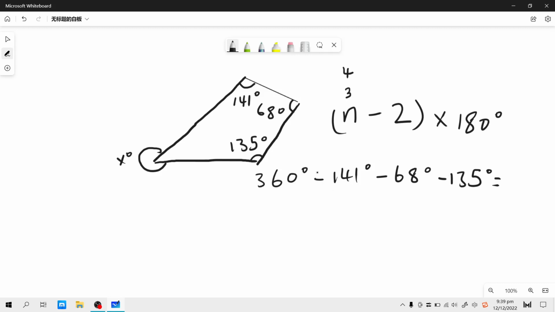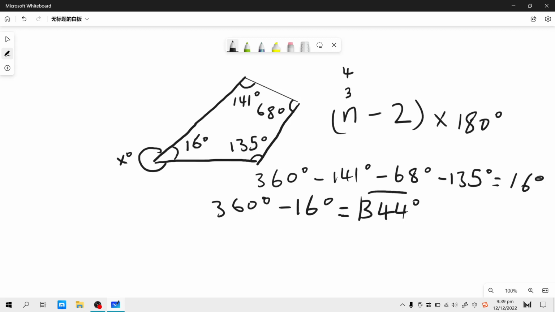You can calculate it on your own, but I'll just fast forward. The answer is 16. The angle of this is 16. So once you know this angle is 16, you know this is just 360 degrees minus 16 degrees, which equals 344 degrees. That's our answer.